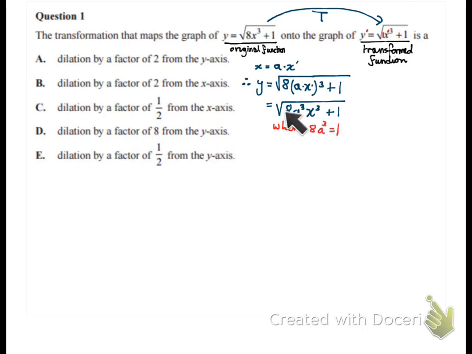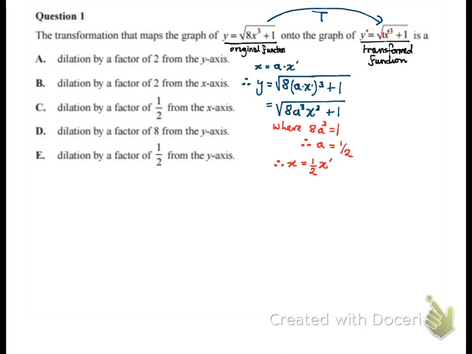So the coefficient 8a cubed must be the same as 1, because I've got a 1 here as the coefficient of the x cubed term in the transformed function. So what is factor a? It must be a half. So the original x coordinate is equal to a half of the transformed x coordinate.